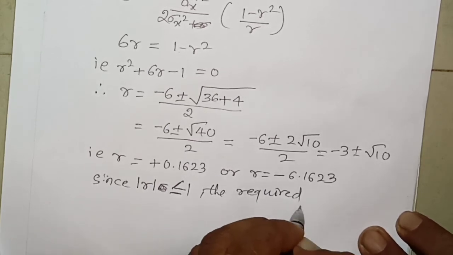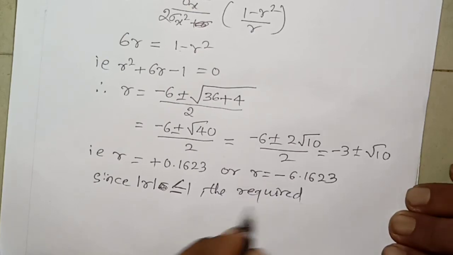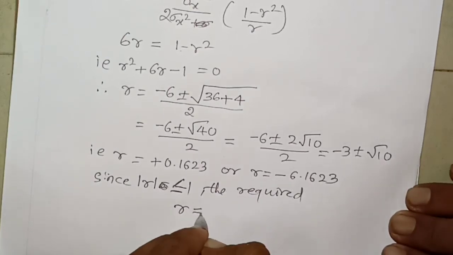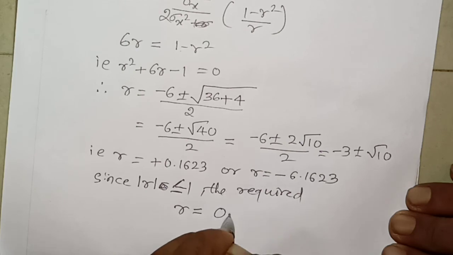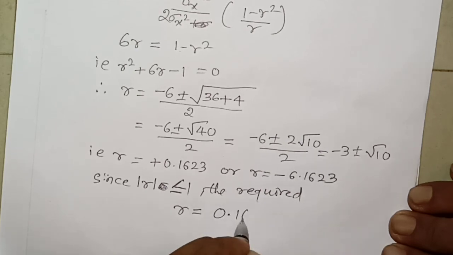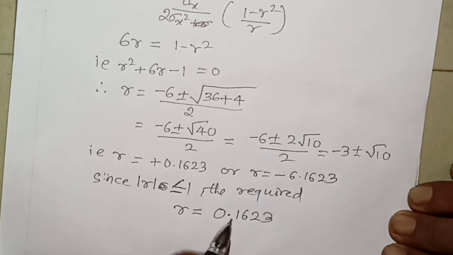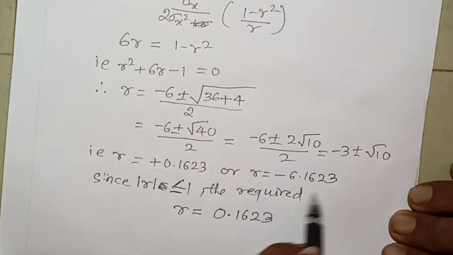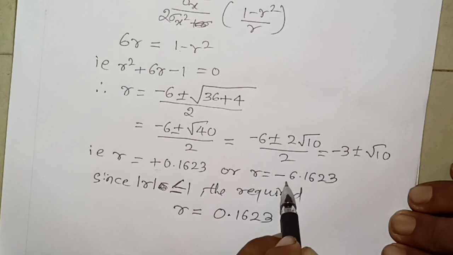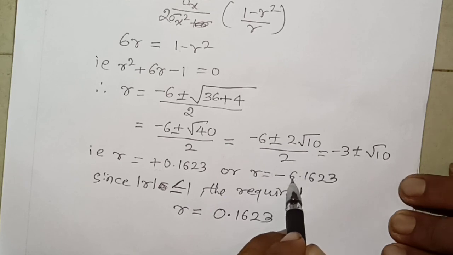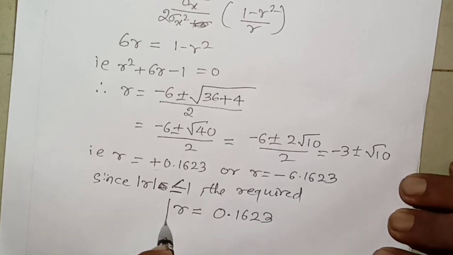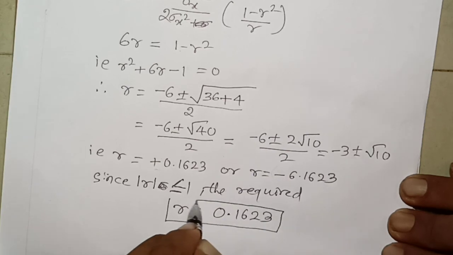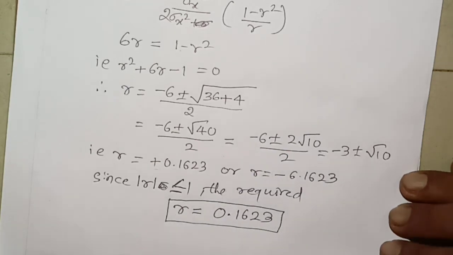The required r is definitely 0.1623, because r lies between minus 1 and plus 1, so minus 6.1623 doesn't exist here. So the final answer is r is equal to 0.1623. I hope you understood this problem.